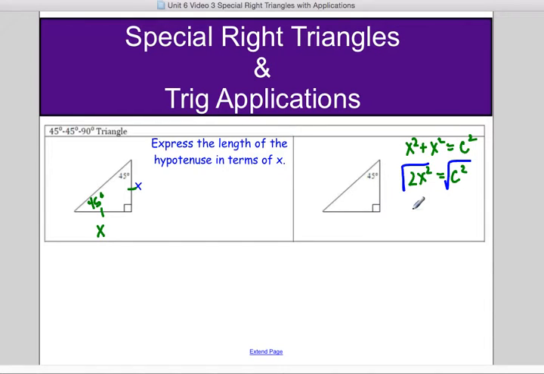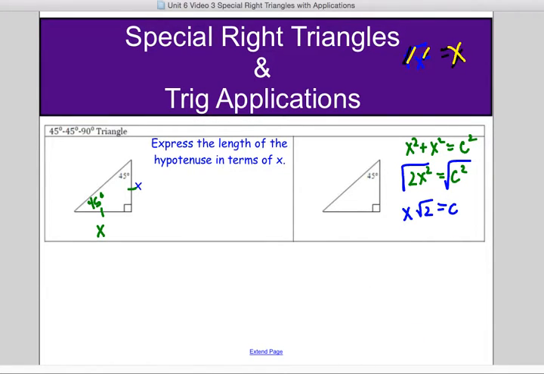The square root of 2 is not a perfect square, so I still have the square root of 2, but the square root of x squared, the x and the 2 cancel, so I'm left with just x. It's kind of hard for you to see up there, but the 2 and the square root cancel and you're left with x. So this will be x square root of 2 is equal to c.